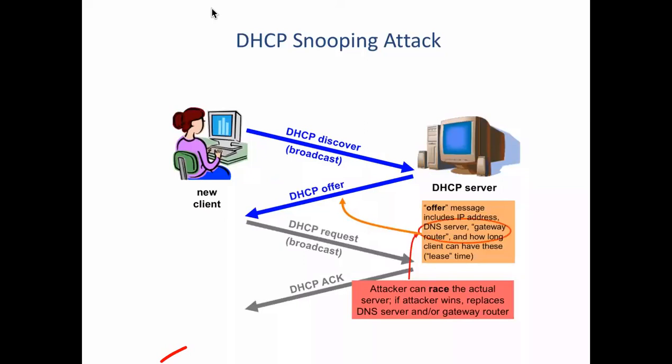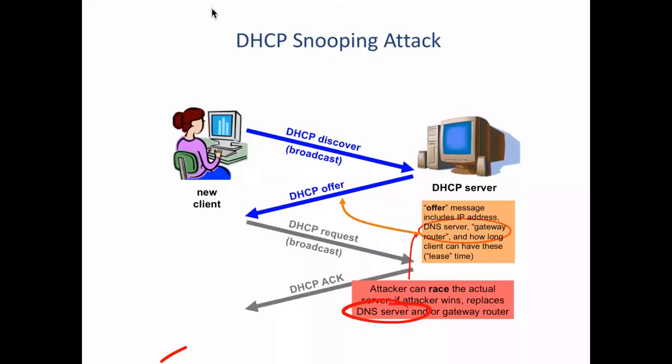He can just pretend to be a DHCP server and then send malicious data. What malicious data? It will give some IP address, some gateway address, some domain name server address, the DNS server address, and so on.